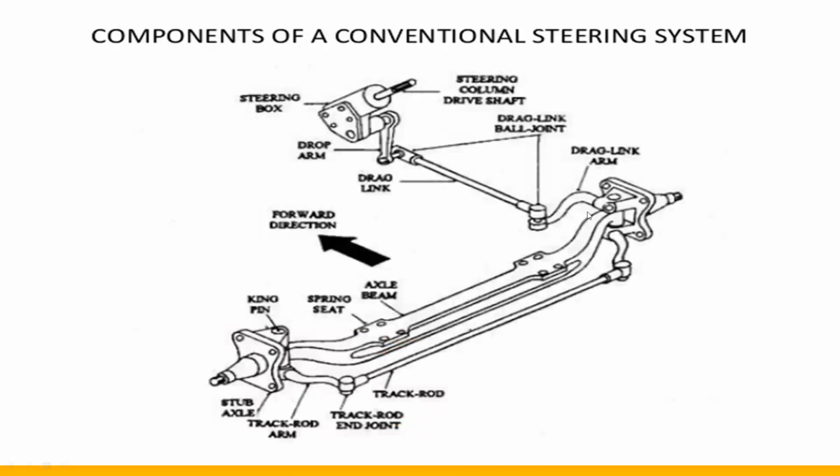These are the different components in the conventional steering system. What components are placed in this steering system, where we place the steering wheel, and what different parts are assembled in this steering system? You can see.